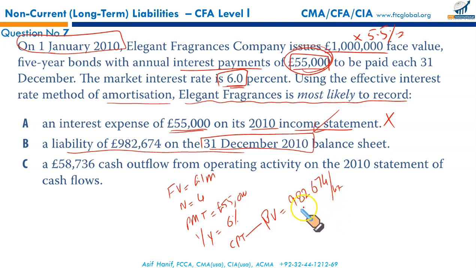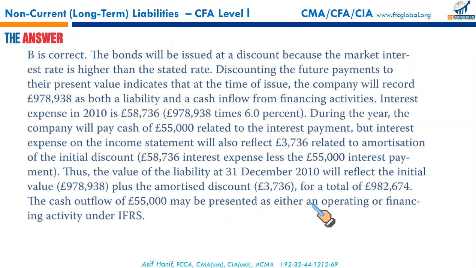Interest expense is equal to the carrying value of the bond, which we did not calculate because that would have required us to put N as 5, multiplied by 6%, that is the rate we need to use for calculation of interest expense. So clearly this is not right. So B is our right answer. The value of the bond, the liability on the balance sheet, is 982,674. That makes B the correct option.